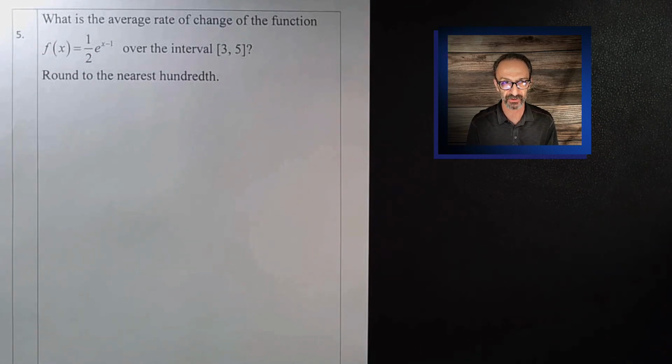For example, if I travel for 2 hours and I cover 150 miles, total distance over total time will be 150 divided by 2, which is 75. If you add the units to it, it makes more sense: 75 miles per hour. On average, I was driving 75 miles per hour.